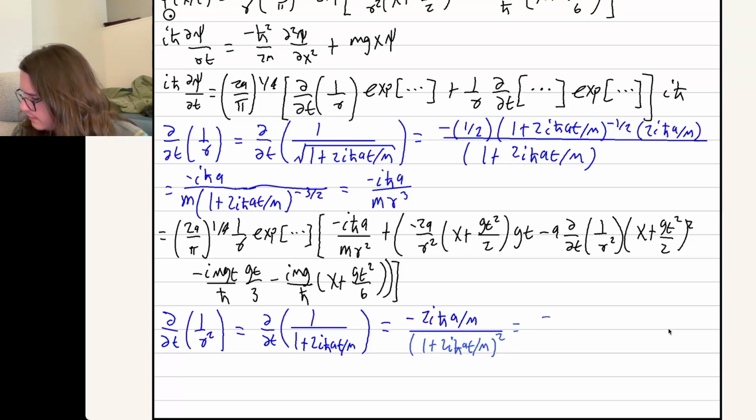So we have minus 2 i h bar a over m gamma to the fourth. And I forgot to write the i h bar here, but there's an i h bar. Let me write that in black.